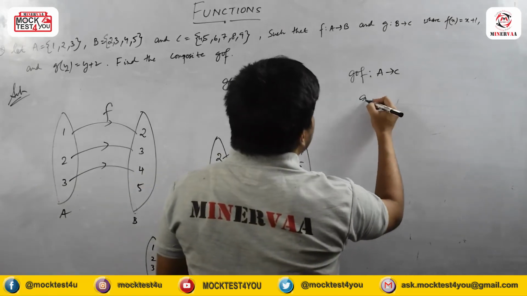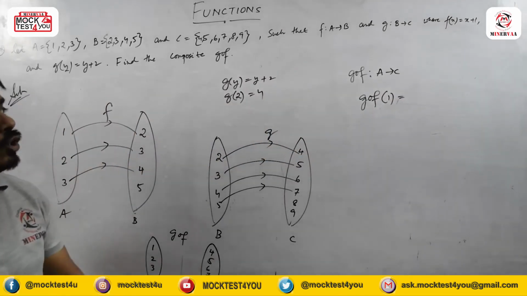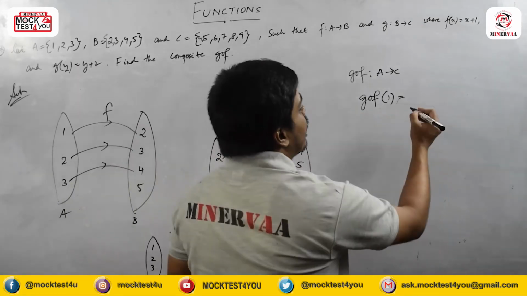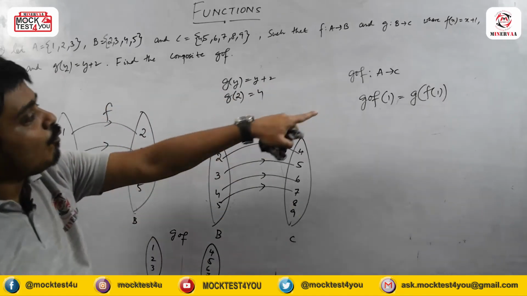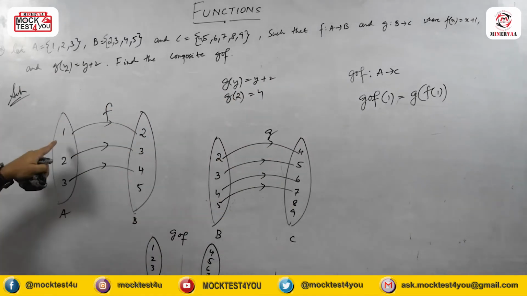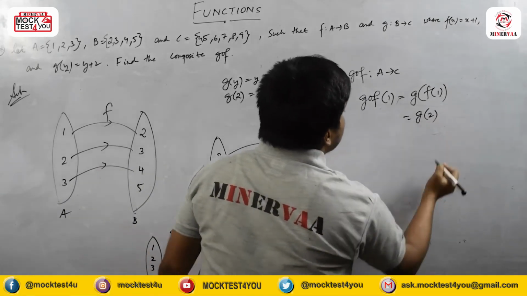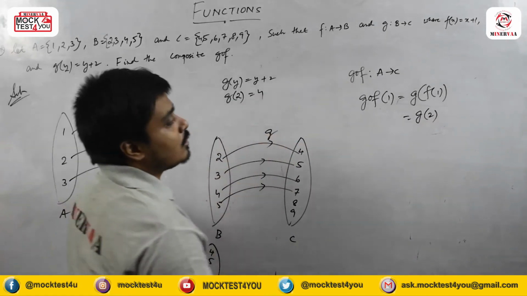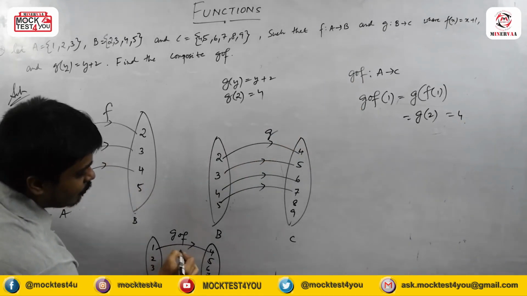First, I will find g of f of 1. What is g of f of 1 equal to? Now f of 1, you know from the mapping, is 2. So I will write g of 2, and g of 2 is equal to 4. So 1 is mapped with 4.